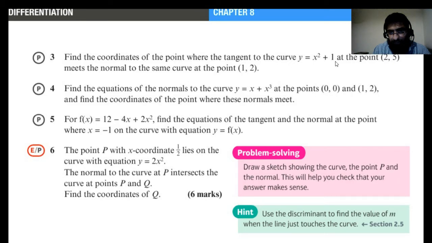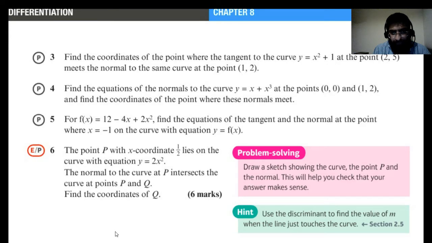The curve has this point 2 comma 5, where the tangent is. And the normal meets the tangent at the point 1 comma 2. So they are intersecting at 1 comma 2.